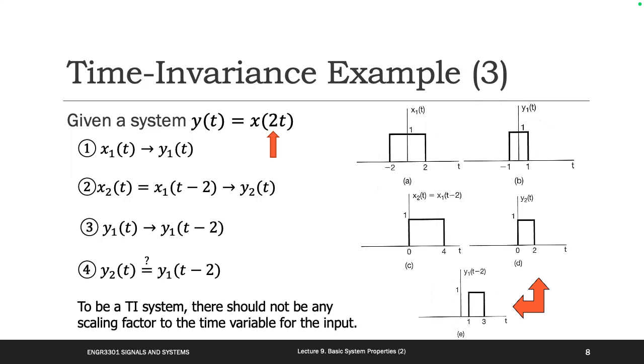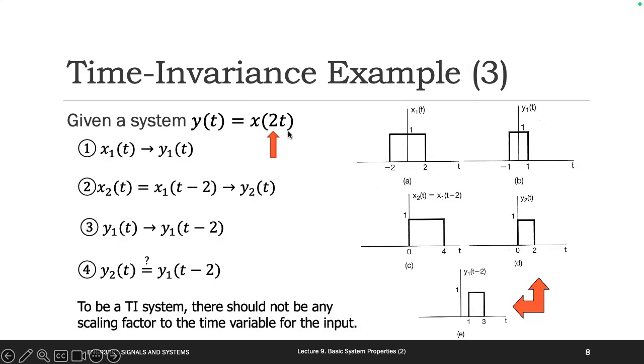What does that mean? To be a TI system, there should not be any scaling factor on the time variable of the input. Which means, if there is a scaling factor, this system should not be a TI system. Do you know why? Actually, the same reason we talked about. If you scale your t, you have already changed your time, am I right?